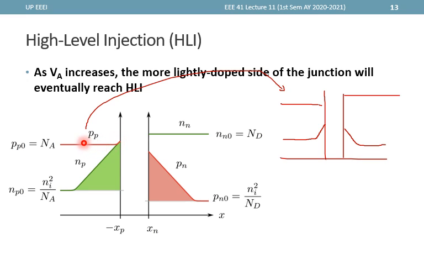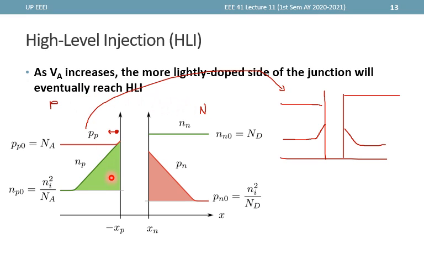And with this sloping of the majority carriers, what do we expect now? Since we have this sloping of the majority holes, holes will start diffusing leftwards, okay, from the N side to the P side, which is actually the reverse direction.